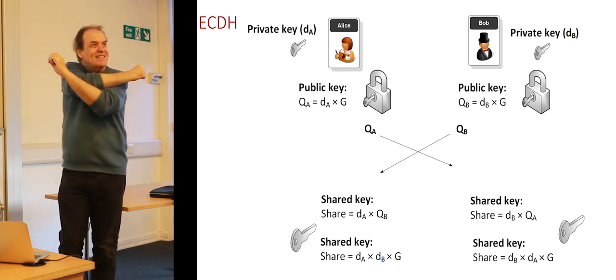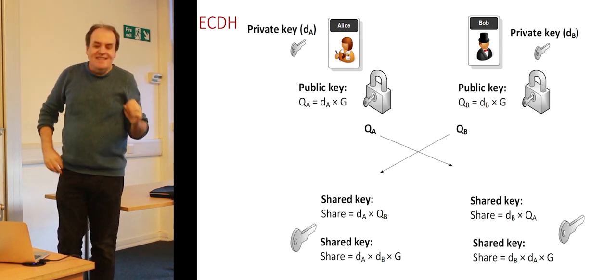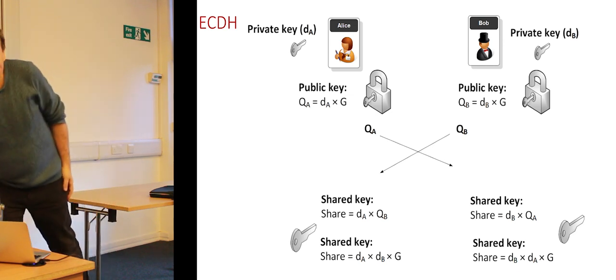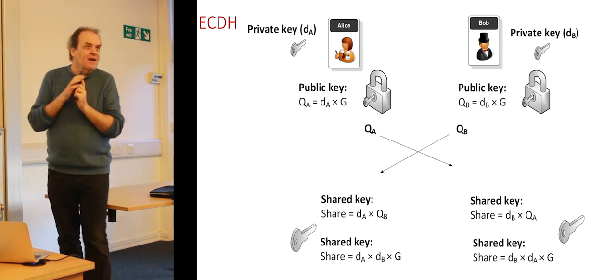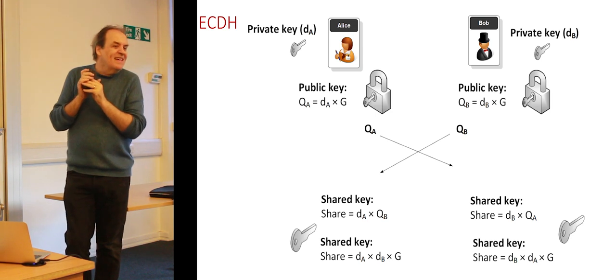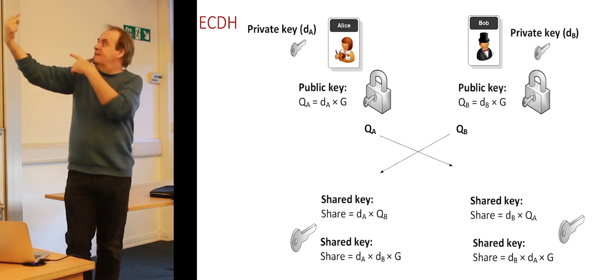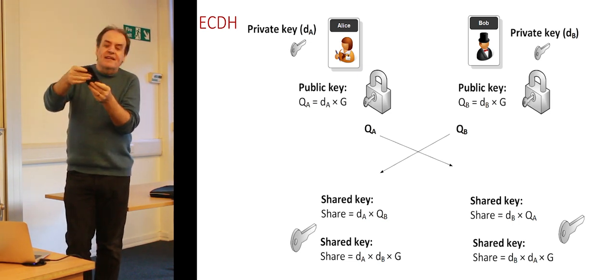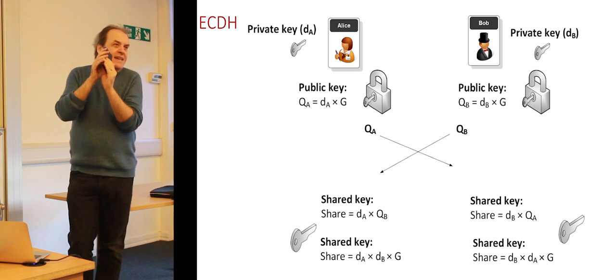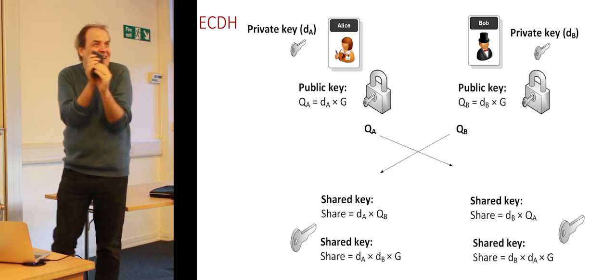Okay, they then pass each other the points. I say now that Bluetooth mucked up. There was a Bluetooth bug around this, and they didn't pass the Y value of the point, and it meant that the key exchange could be cracked.